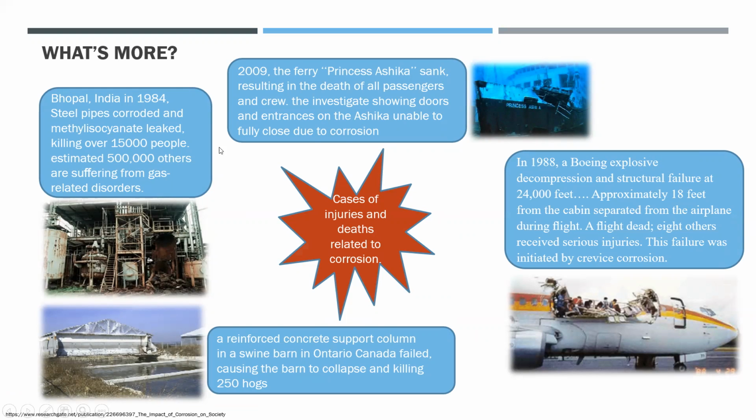What's more, corrosion can cause injury and death. Let's take Bhopal, India as an example. In 1984, steel pipes corroded and some toxic chemicals leaked, killing over 15,000 people, and 500,000 suffered directly or indirectly from this disaster.